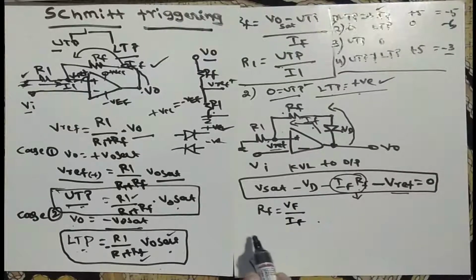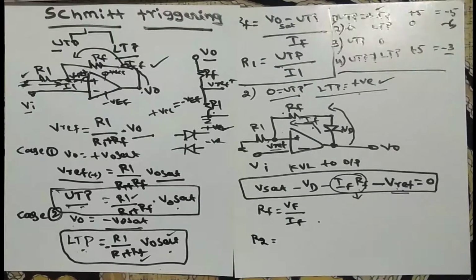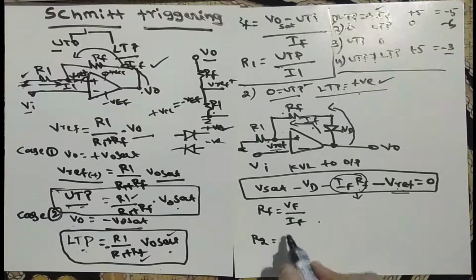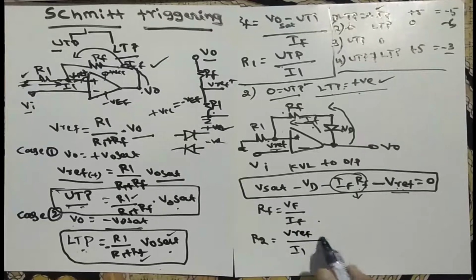Similarly, we can find R2. R2 can be found from this portion. Here R2 is nothing but V reference, and the other point is 0. So very easily we can call it V reference divided by some current I1. Usually V reference in our case is LTP, so it is LTP divided by I1.